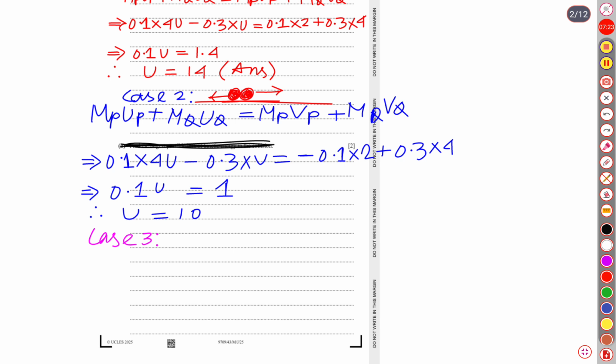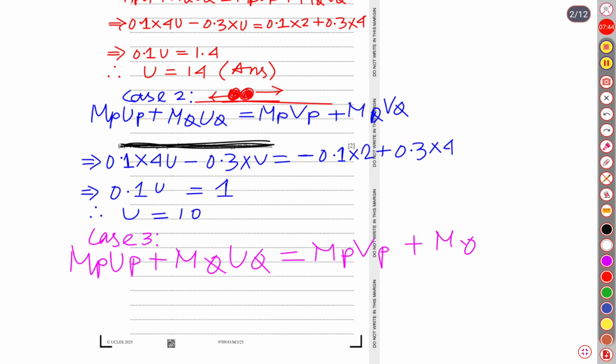Sum of the momentum: mass of particle P into initial velocity of P plus mass of particle Q into initial velocity of particle Q is equal to mass of particle P into final velocity of particle P plus mass of particle Q into final velocity of particle Q, and the initial velocity will remain the same.